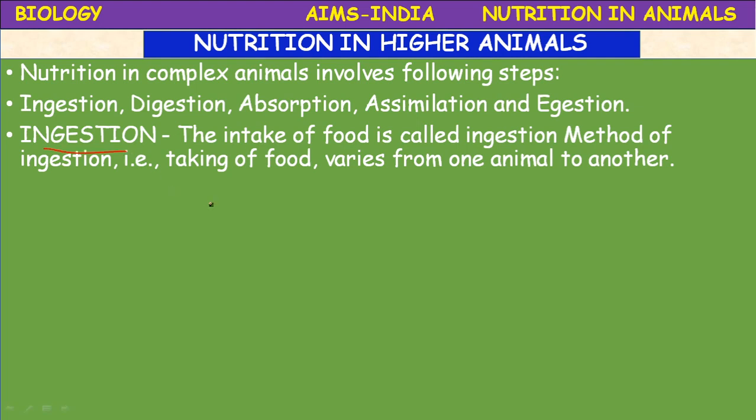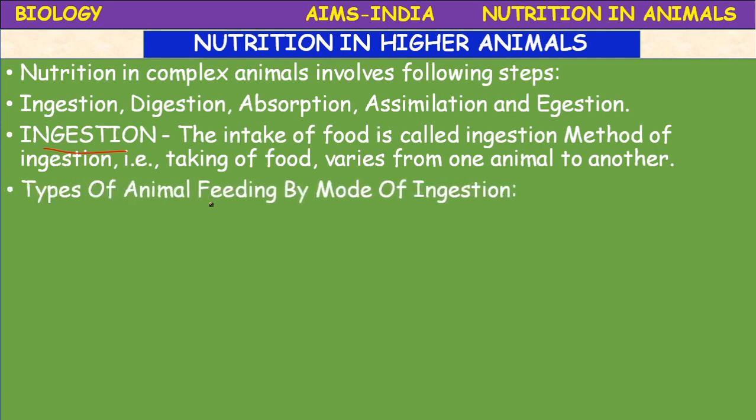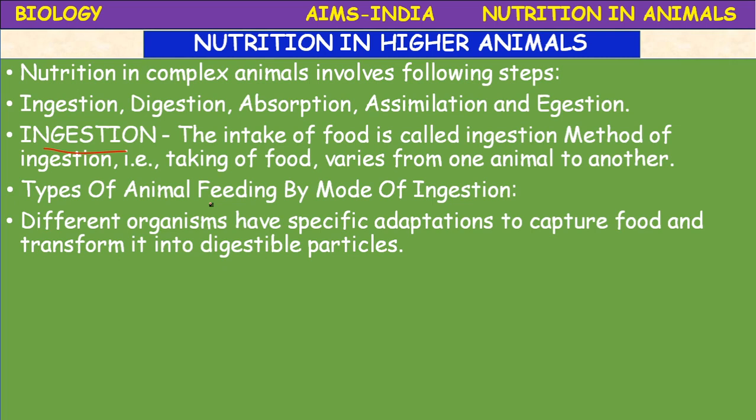The intake of food is called ingestion. The method of ingestion may be different, that is, taking of food varies from one animal to another. If you see the types of animal feeding by mode of ingestion, different organisms have specific adaptations to capture food and transform it into digestible particles.